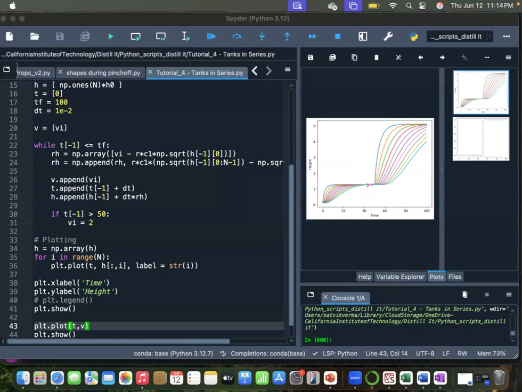And then once again, the first tank immediately, as soon as we see the change in the inlet velocity, the height immediately increased, right? However, it took some time for this change to be reflected in the last tank, right?